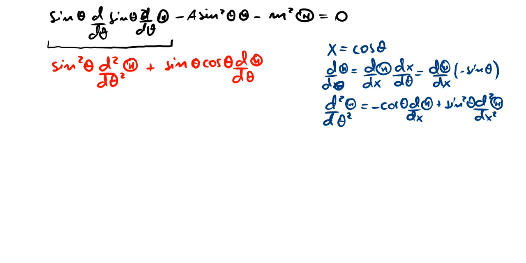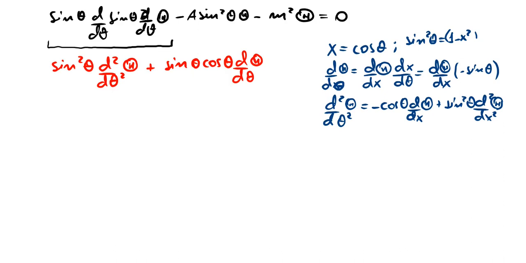So these are the terms that I have. And also, wherever I find something like sine squared of theta, I can rewrite it as 1 minus cosine squared, and cosine squared is x squared, right? I can do it like that.